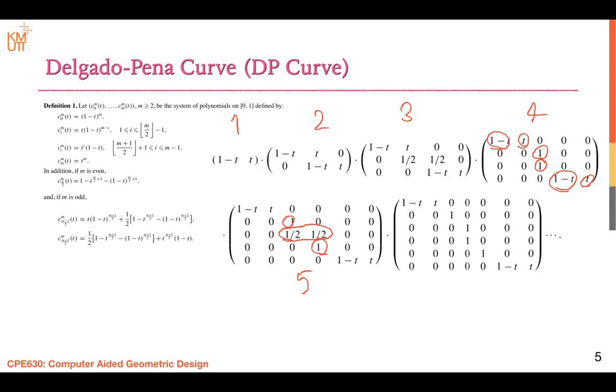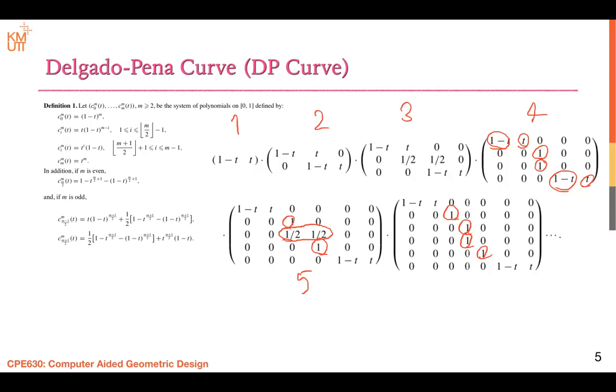So you can see that the Delgado and Pena curve is very simple, in the sense that you don't have to calculate the coefficients. Actually they have to, but if you consider the matrix representation, you don't have to calculate this one because it's 1 alone or 1 over 2. This is the simplicity of using the Delgado and Pena curve, or DP curve.